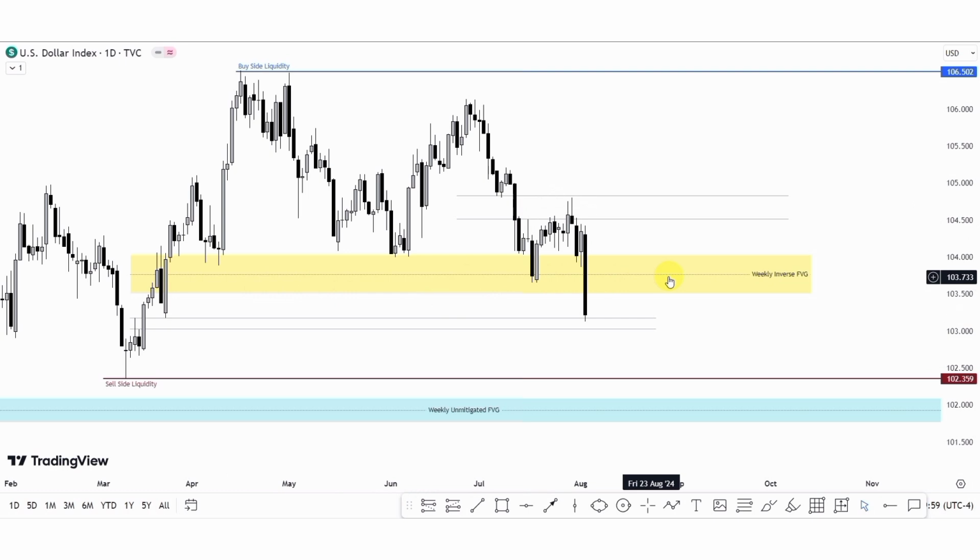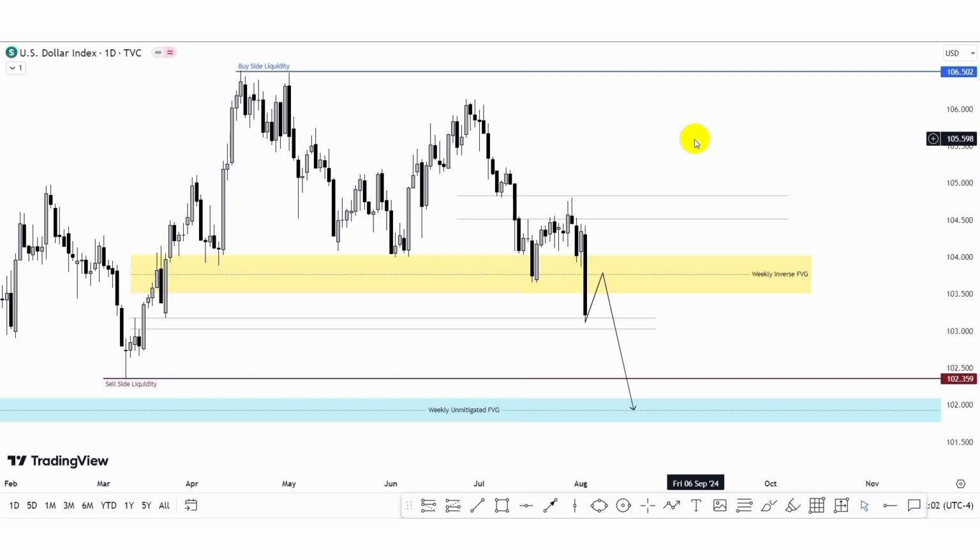So we want to see this weekly inverse fair value gap reclaim price, and then we frame for the push of price to the downside to come raid the sell side liquidity and mitigate the weekly unmitigated fair value gap before we can consider any form of a bullish move to the upside. So we're anticipating to see price get rejected at this level, and then we see price fall into the unmitigated weekly fair value gap. So this is the price movement we're anticipating in the dollar index.